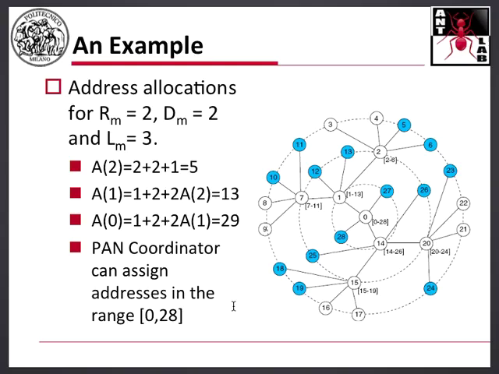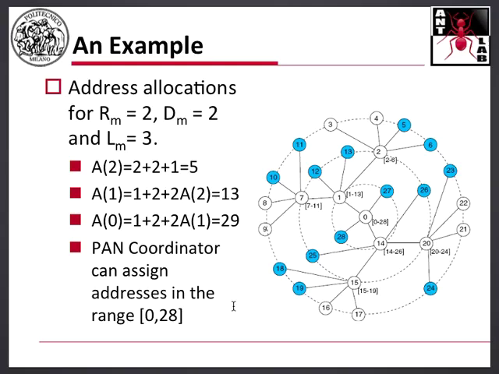Meaning that this node here knows that its own address is 7, for example, and by knowing that, it knows that its own address belongs to the address block referring to this node 1 here. So just by knowing its own address, a node knows exactly where it is placed in the tree.